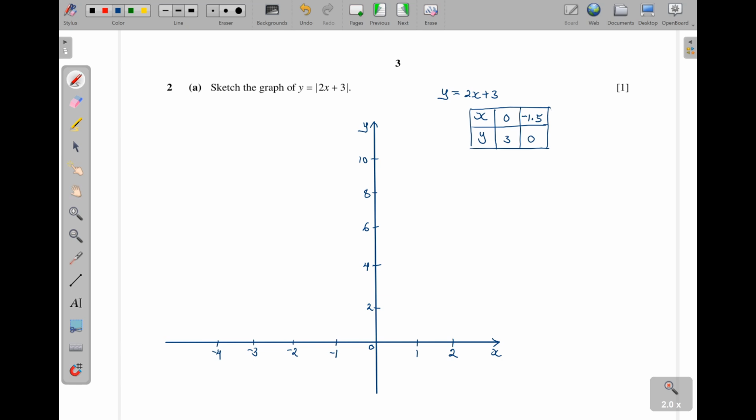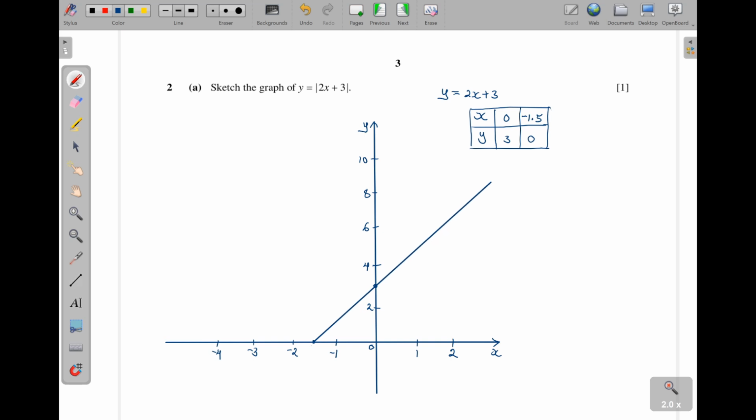Now I'm going to plot 0, 3, which will be here, and then negative 1.5, 0, which is here. This means that I'm going to connect these two, something like that.